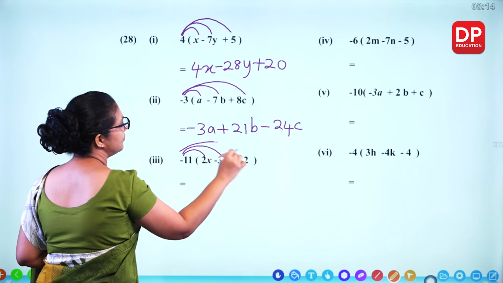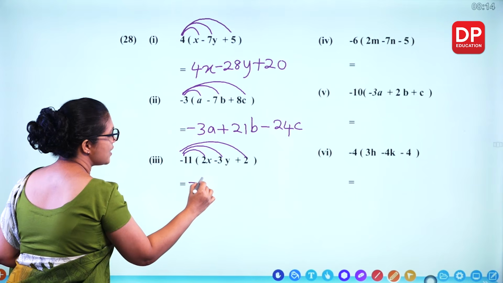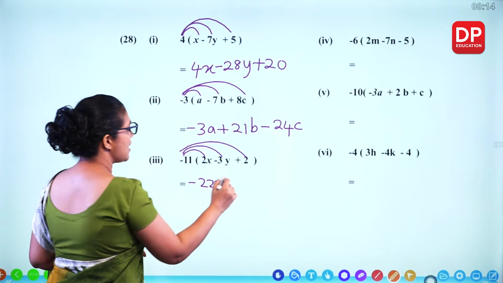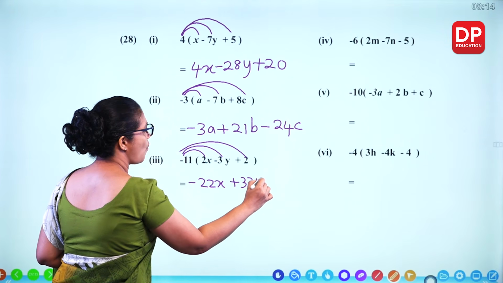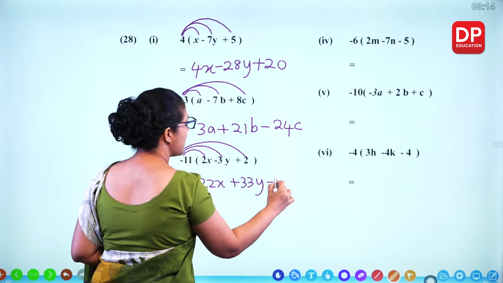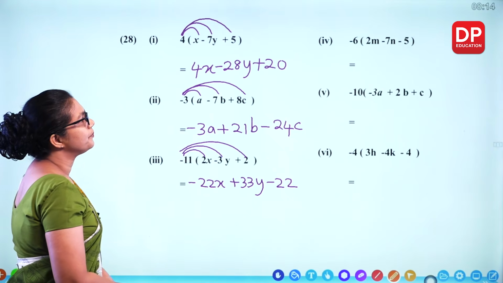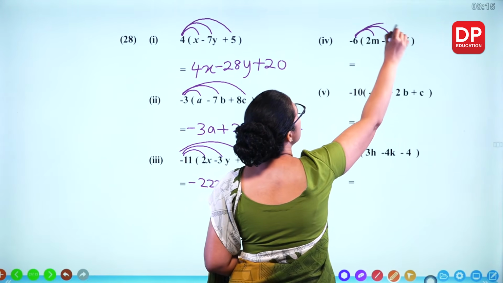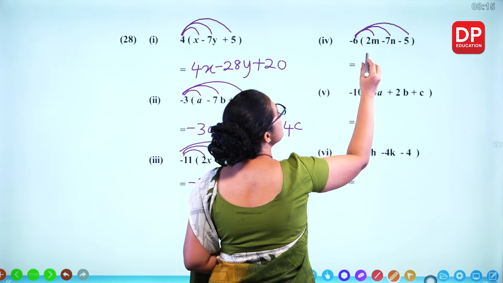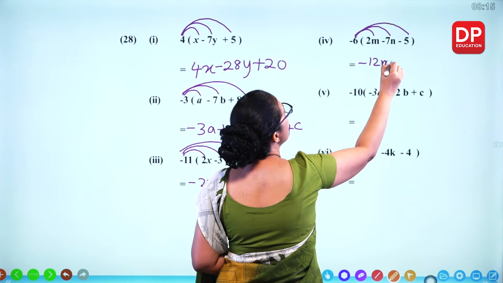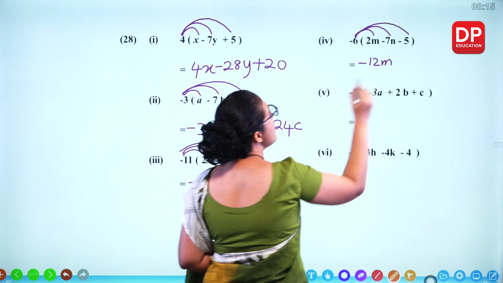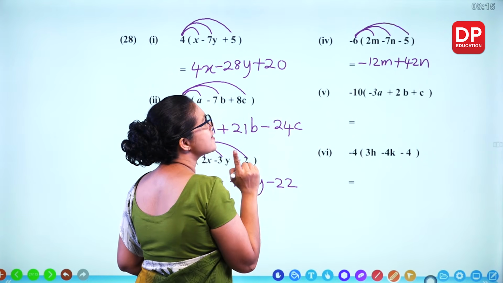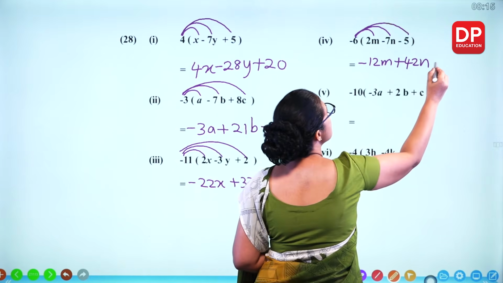Here, minus 11 times 2, minus 22x. Here, minus minus plus, 11 times 3, plus 33y. Here, you get minus 22. This one, multiply. Minus 6 times 2, minus 12m. Minus 6 times minus 7, plus 42n. And minus 6 times minus 5, plus 30.